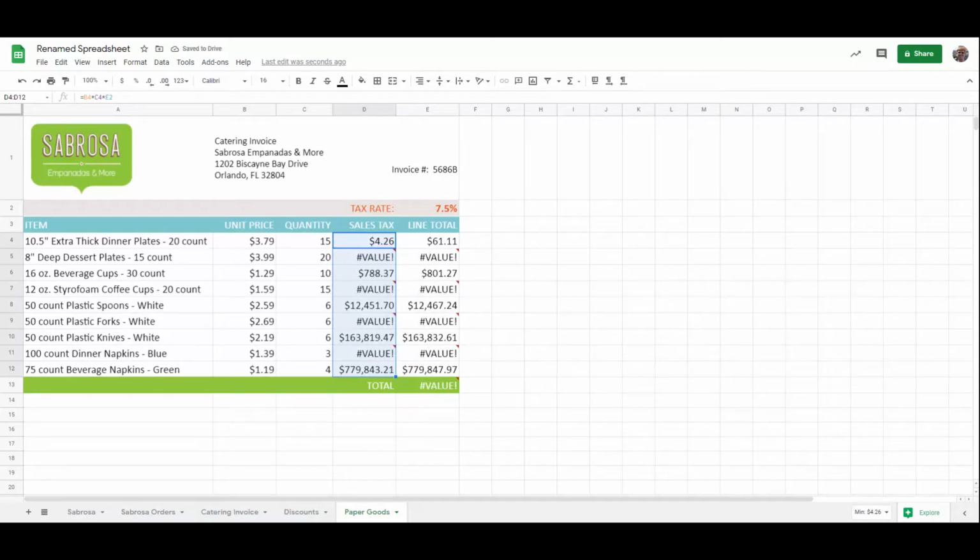But now we have an issue. We've got an error. So let's double click and see what's going on. What we did really was to create a relative reference.